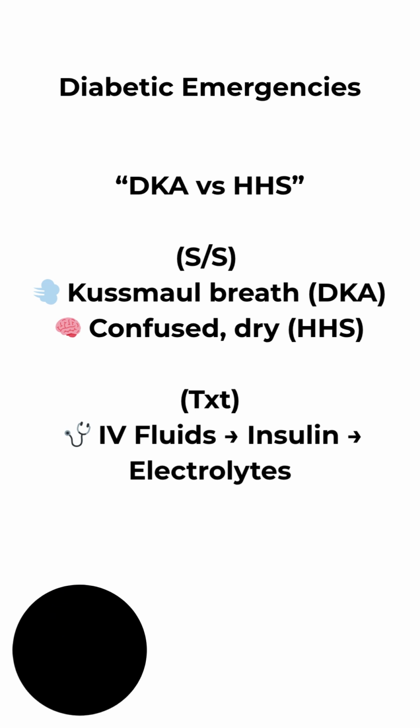It involves high ketone levels and presents with hyperglycemia, increased ketone concentration, and metabolic acidosis. HHS is associated with type 2 diabetes, has severe hyperglycemia, hyperosmolality, and dehydration, but no significant ketosis or acidosis. The way we want to treat either of these, you're going to be using IV fluids, insulin, and electrolytes.